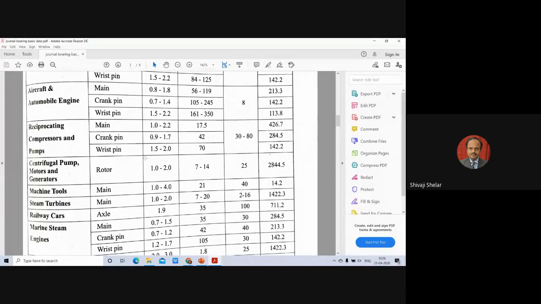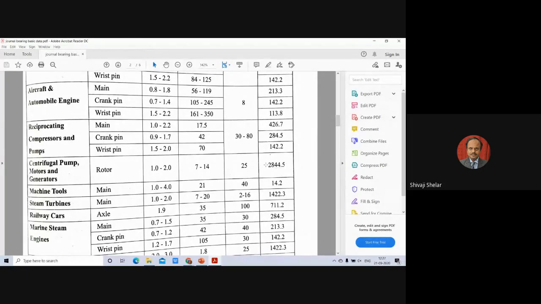L by D ratio. Normally that L by D ratio should be in the range from 1 to 2 here as per the design practice. The bearing pressure permitted here is in the range of 7 to 14 kgf per centimeter square. This is 7 to 20 kgf per centimeter square. Then viscosity should be in the range of 25 centipoise, and other parameters are there based on the speed.